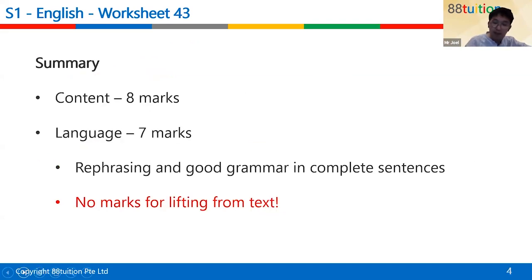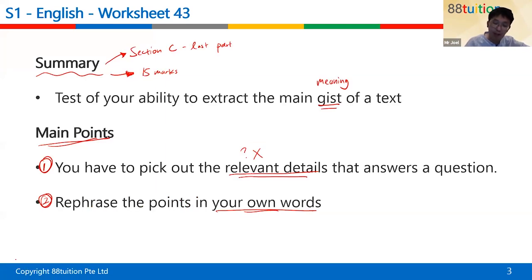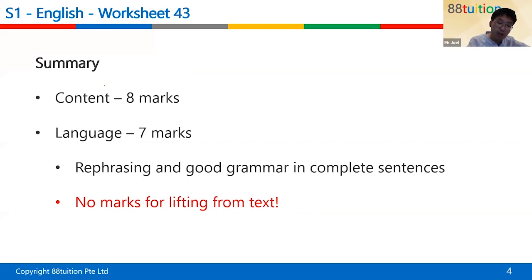So this is how it's broken down. Remember just now we said main points? So your content will basically be your main points. What are the main ideas that you can extract from your passage that relate to the summary question? If the summary question is asking you for things that happen when you are lazy, then you have to write down all the ideas in the passage that are linked to what might happen if you become lazy.